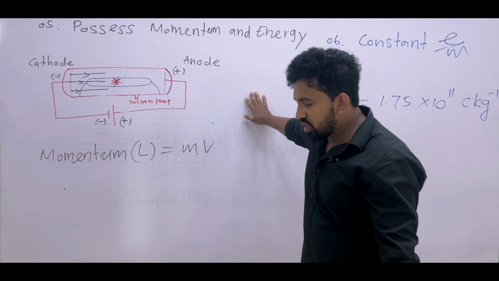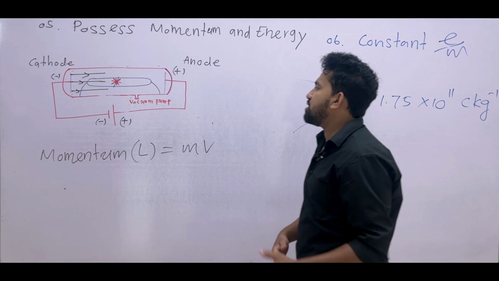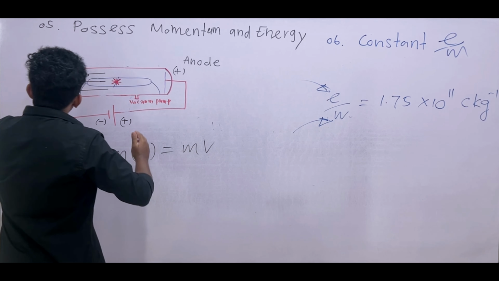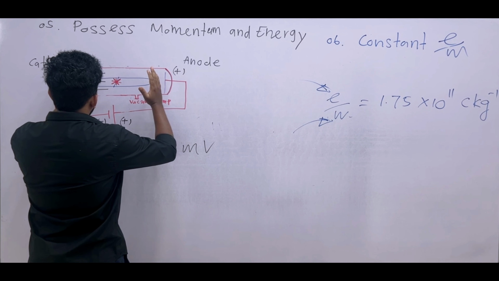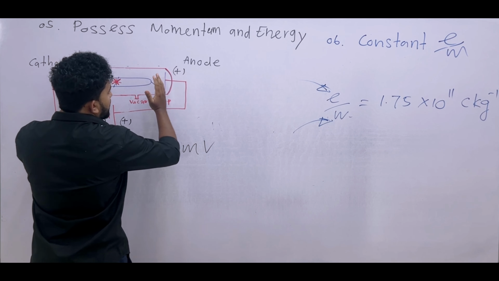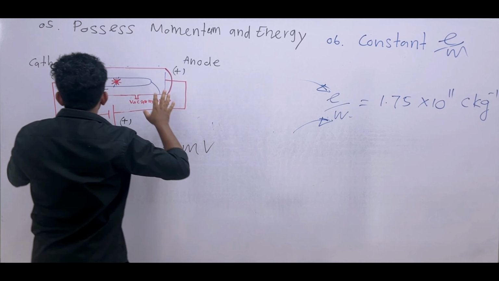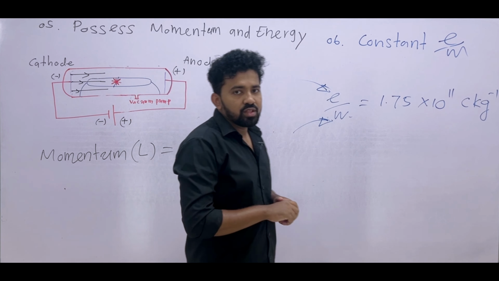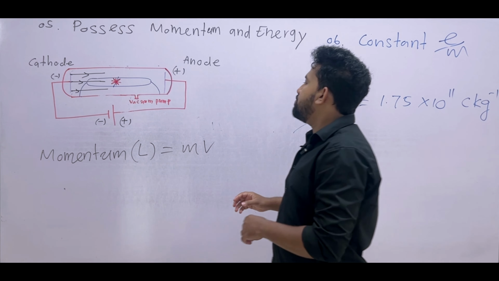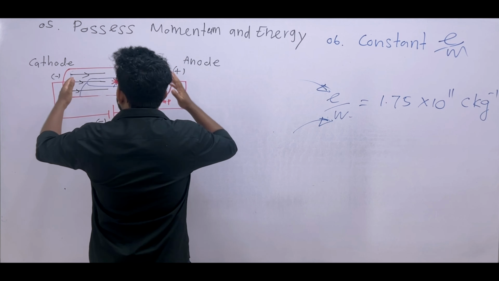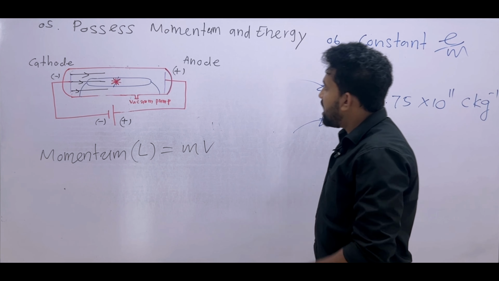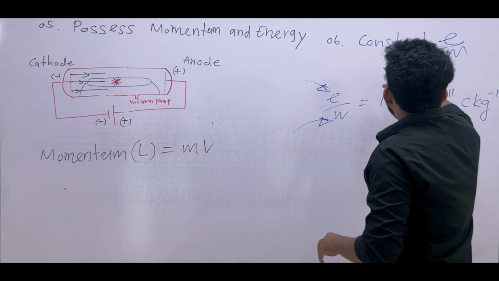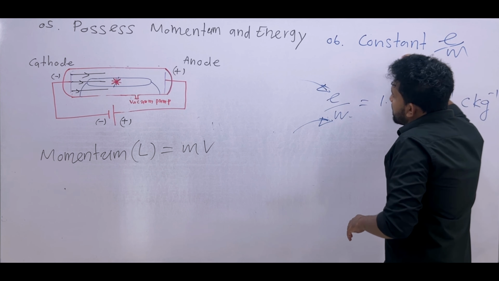To find that, what we can do is change the electrodes. We can change the metal that we use for the electrodes, cathode and anode, and we can calculate the e over m value.